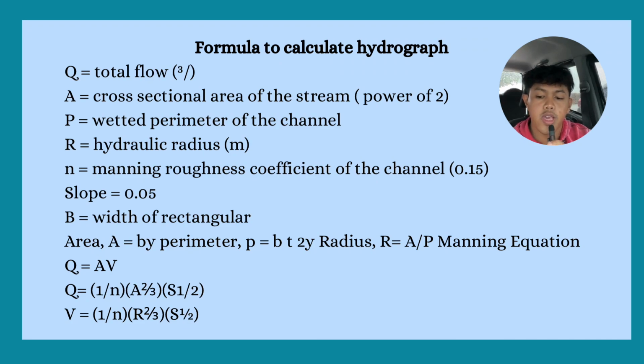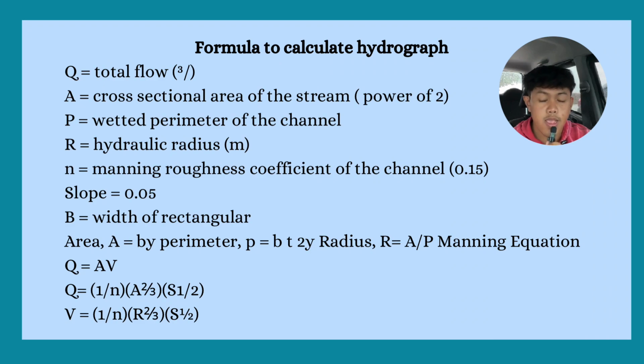So how to find Q? We can use the AV equation or the other equation, which is 1 over n, where n is the roughness, times A, the area, to the power of 2 over 3, times the slope to the power of 1 over 2. And how to find V?